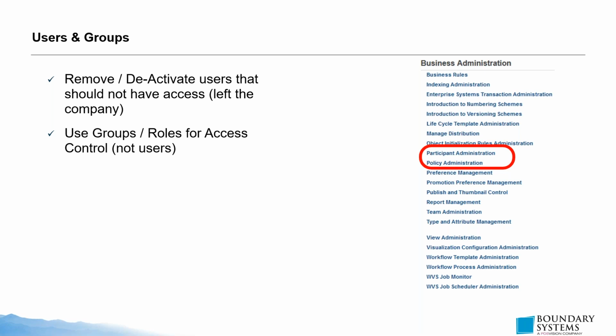And then just a quick mention: while we're talking about users and groups, if you're using access control or changing access control a lot, remember to apply access control policies to groups and roles rather than users. It can become very complex and difficult to manage and monitor if they are done at a user level. So the higher levels of administration you use, the easier it is to troubleshoot and also to change in future.